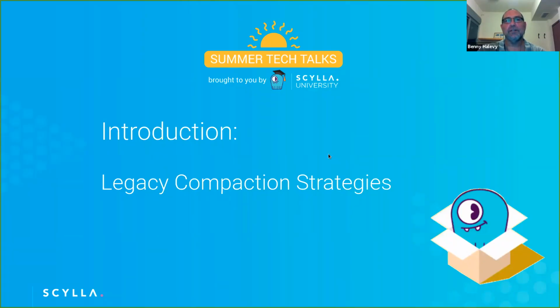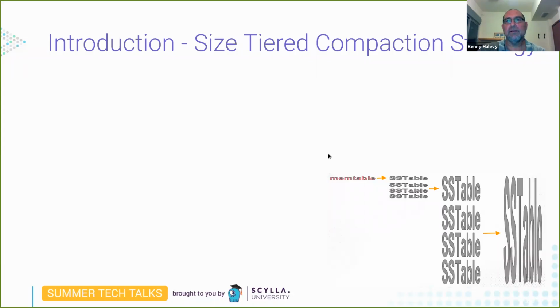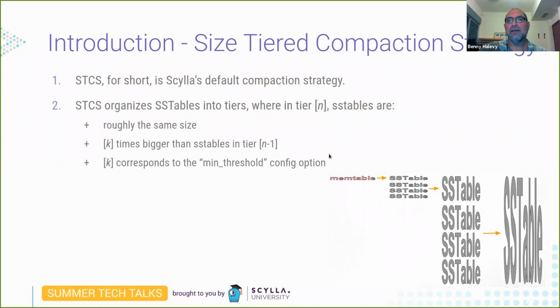The next part of the introduction will describe the legacy compaction strategies in Scylla. First, let's talk about size-tiered compaction strategy, in short called STCS. This is Scylla's default compaction strategy, and it was inherited from Cassandra.